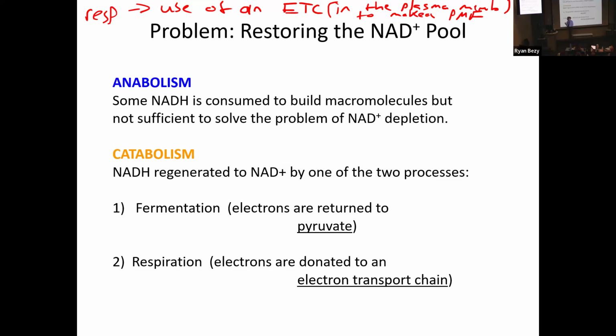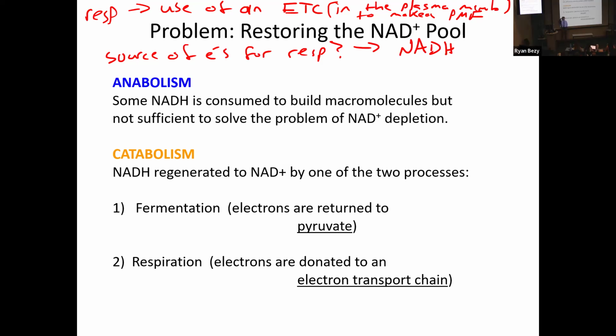What is typically often the source of electrons for respiration? Yeah, it's going to be the NADH. Okay, NADH stores high energy electrons.